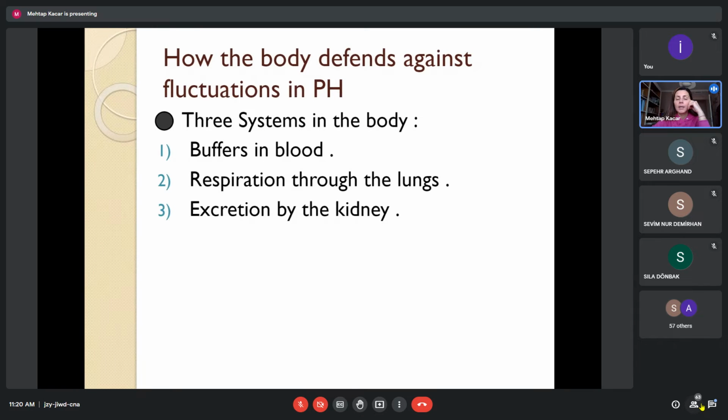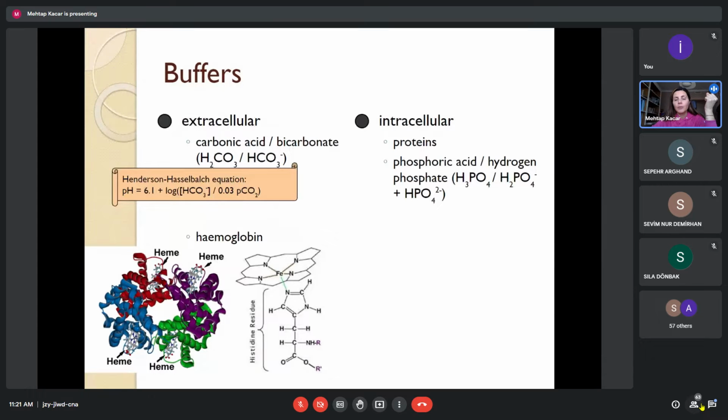How does the body defend against fluctuation in pH? Because of the compensatory system. This system includes buffers in blood, respiration function through the lungs, and excretion by the kidney. What do buffers mean? We have buffer systems in the extracellular area and intracellular area.